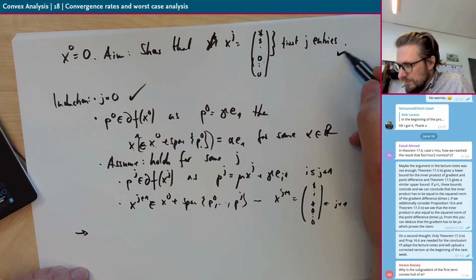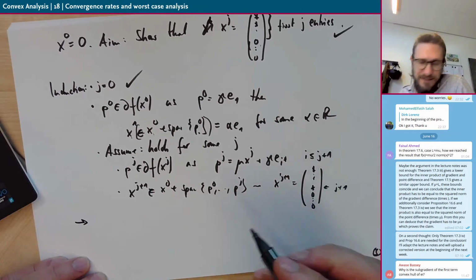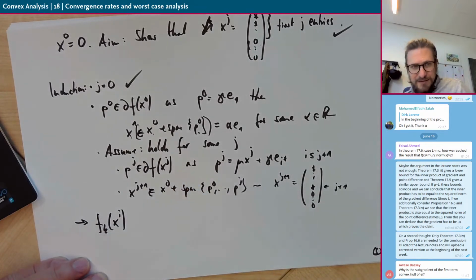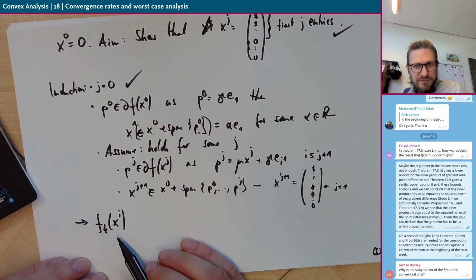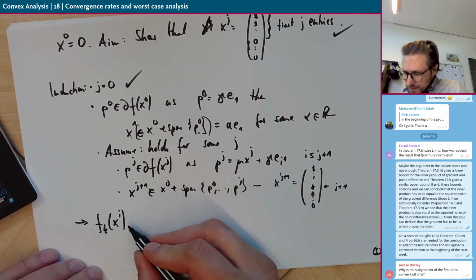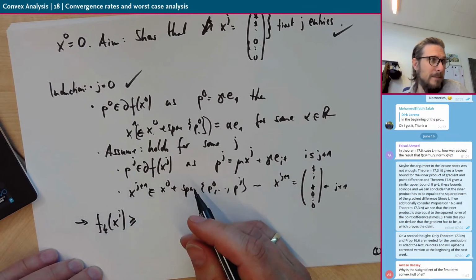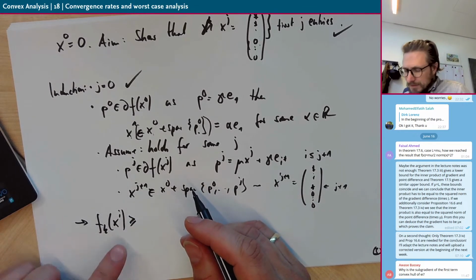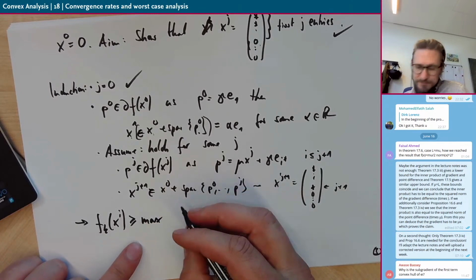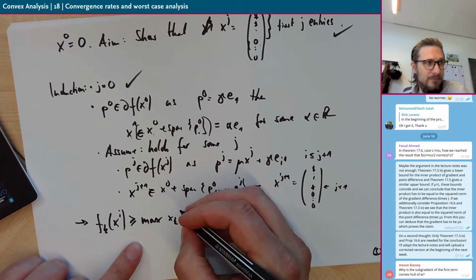This is now done, and now this says that if we calculate that, what does our objective give after i iterations? Of course, it's bounded from below by only taking the max, so I just omit this.